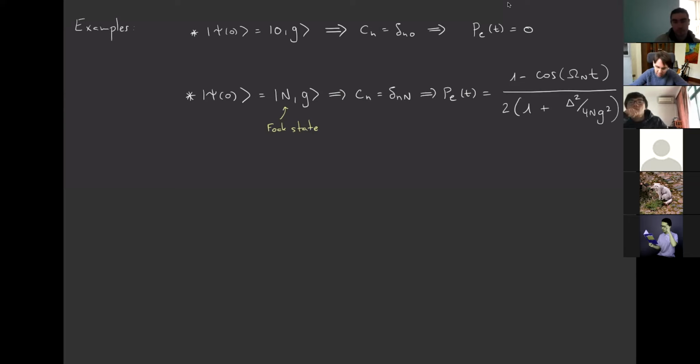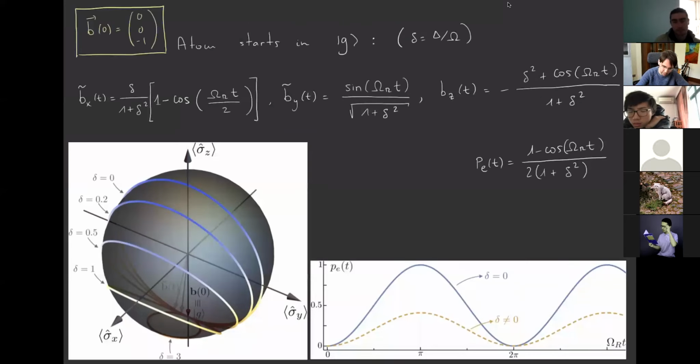Okay, but maybe you want to remember how it was with the semi-classical Rabi oscillations, because this is really similar. Let me just remind you. When we had a classical field interacting with our atom and we had Rabi oscillations, this is the expression that we got for the excited state probability.